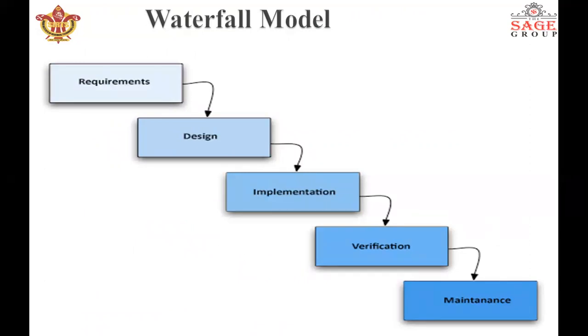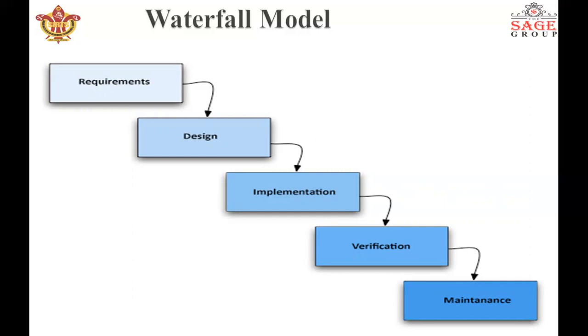First we create the requirements: what the requirements are, and which kind of requirements your particular project has. When the requirements are finished, we go to the design part. How to design? Many design tools are available nowadays, like SmartDraw and similar smart drawing tools available in software engineering.